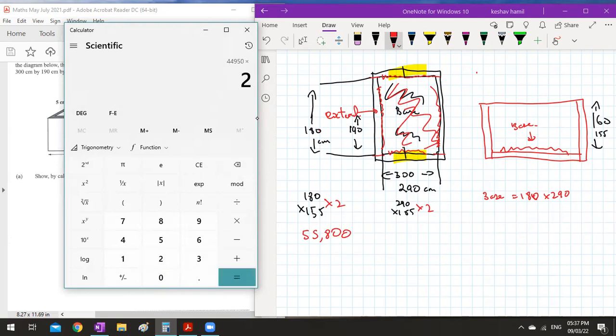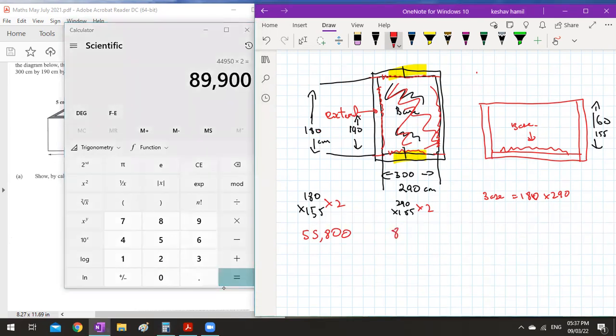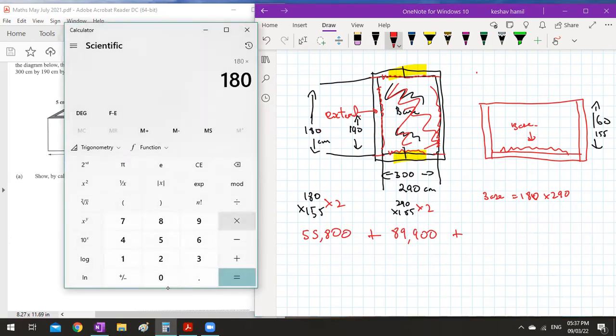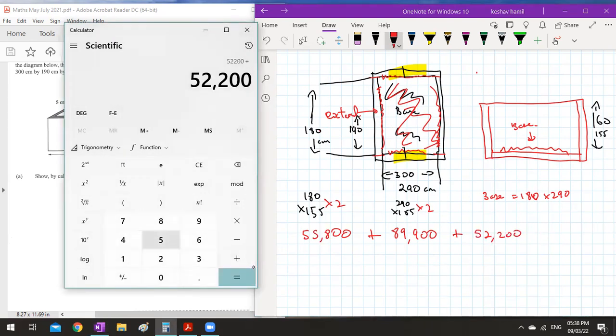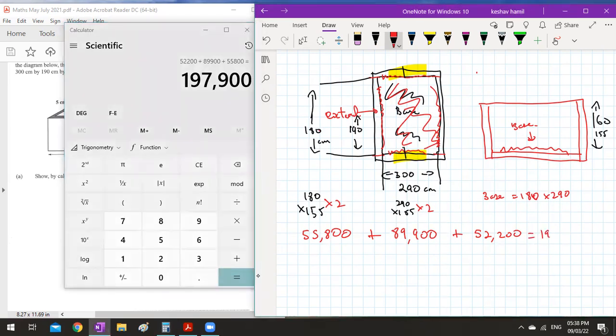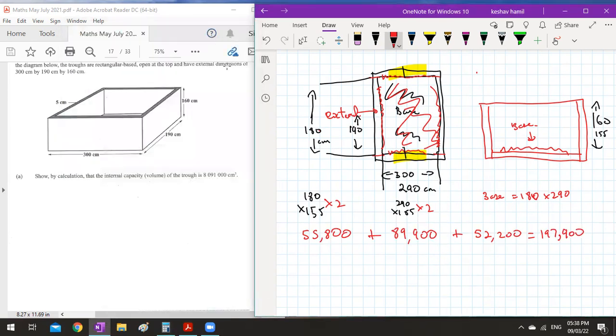Again, there's 2 walls at that particular dimension, so 89,900. And then for the base, it will be simple, 180 by 290, which is 52,200. So to sum it up, we'll have 197,900. So there's the total surface area.